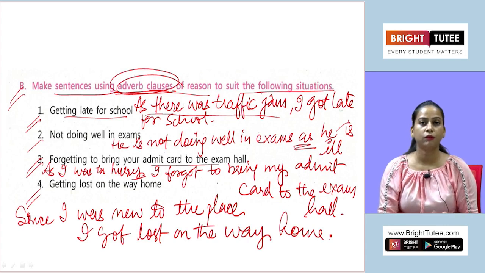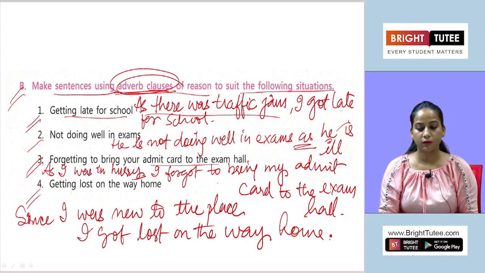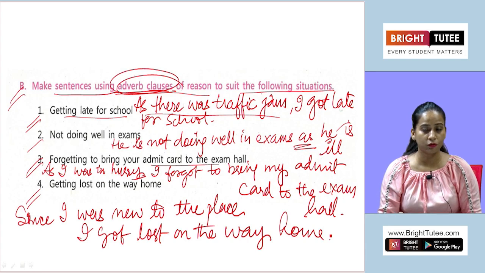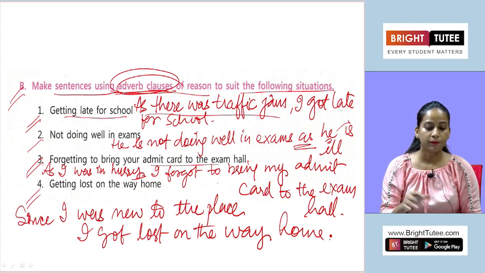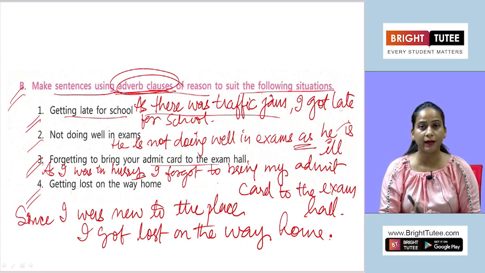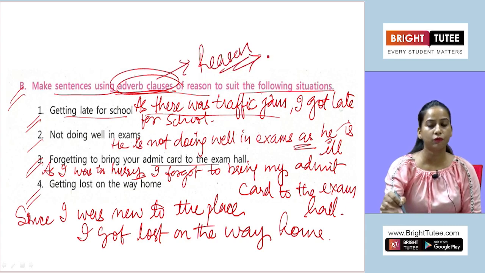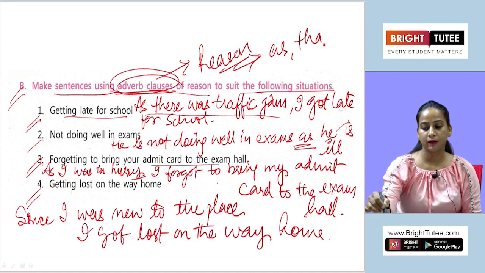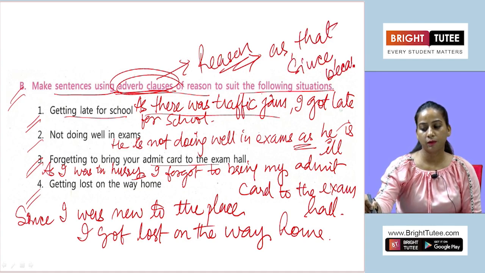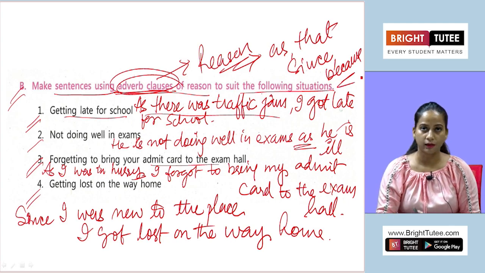So in this way you are going to finish these sentences where you have used these adverb clauses. And adverb clauses, again reminding you, are for the reason, and different words can be used for that: as, that, since, or because, accordingly. Clear?